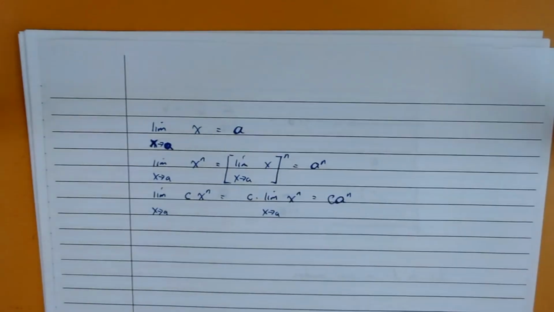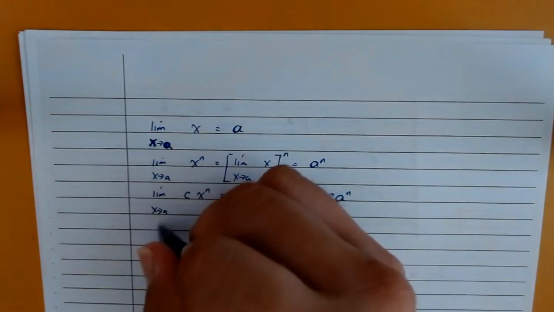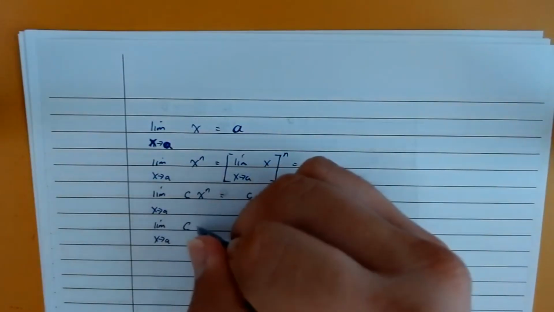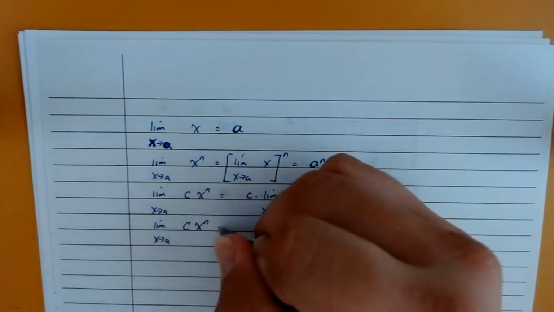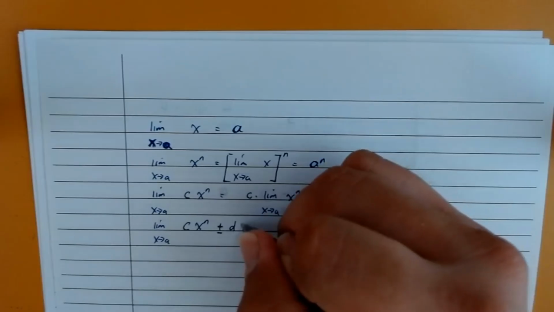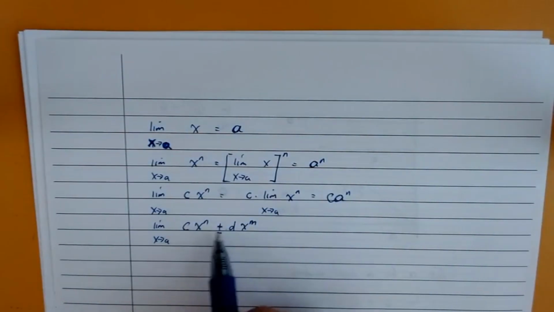Like that. Oh, but what happens if I take several of these and add them together? So for example, let's say I take the limit as x approaches a of c times x to the n plus or minus d times x to the power of m. Okay, so these are just numbers, and these are just counting numbers.